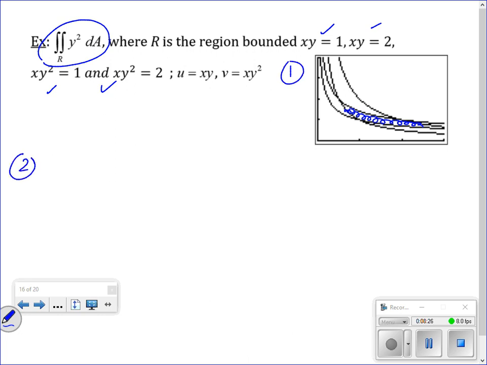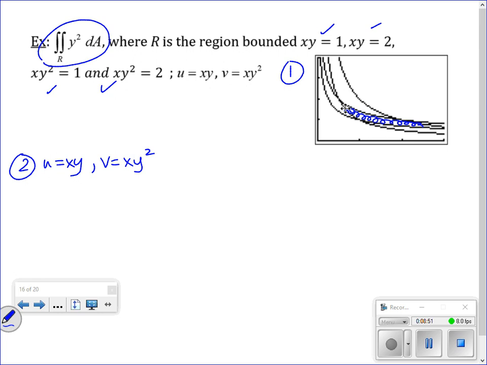Step 2. I just want to show you that this can be a little bit easier than it looks on some of the equations, and I'm just going to stop after a certain part right here. So step 2 is where I'm finding all these equations. I have u equals xy and v equals xy squared. So I have to find this in terms of, I have to solve for x and y.